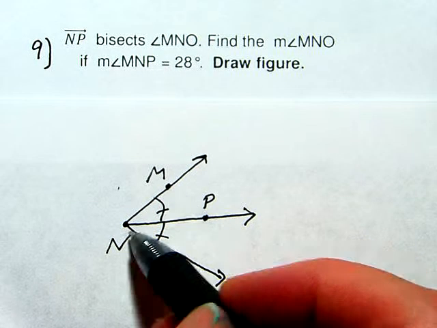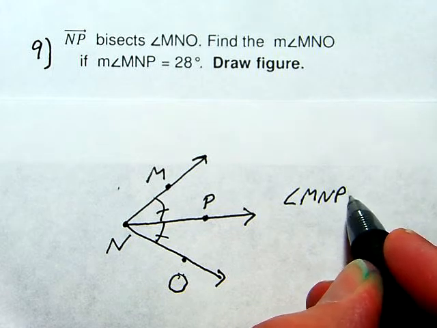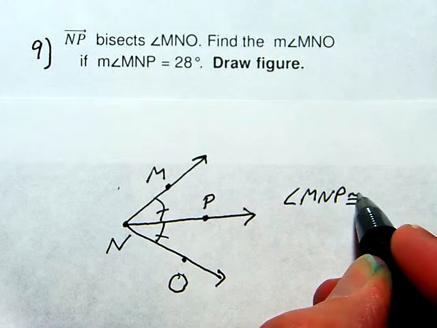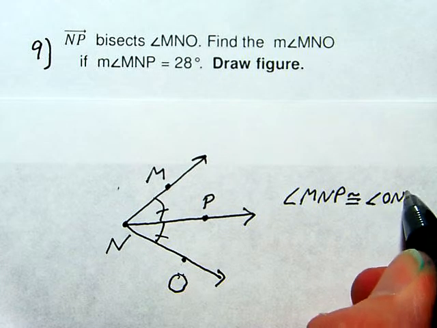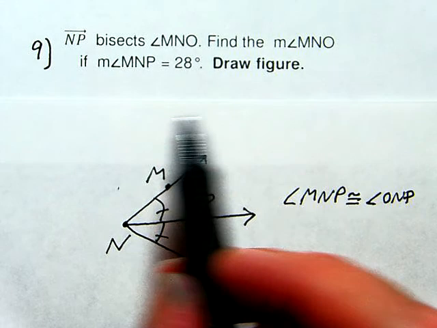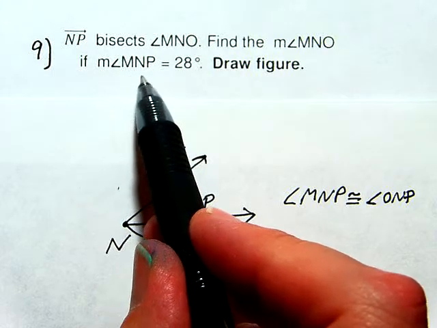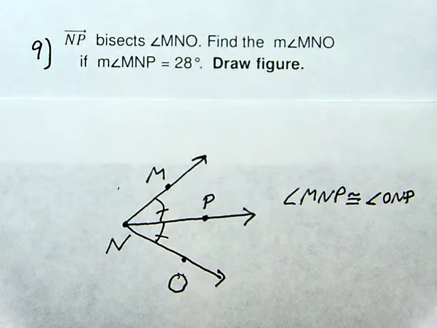So angle MNP is congruent to angle ONP. It's one way to say it. Okay. Now we're given the measure of angle MNP. It's equal to 28 degrees.